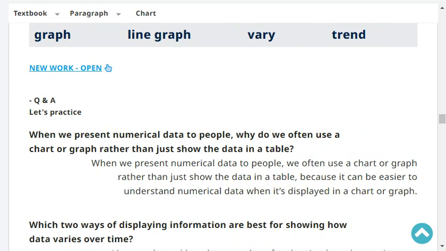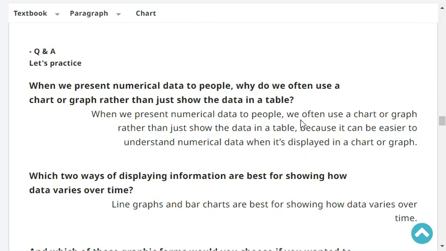When we present numerical data to people, why do we often use a chart or graph rather than just show the data in a table?